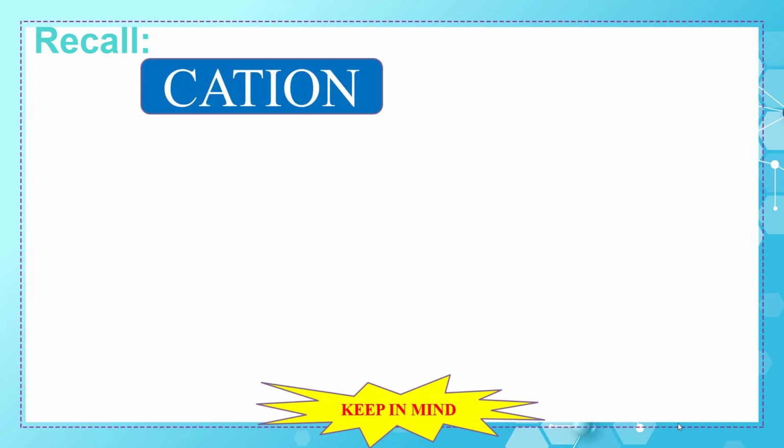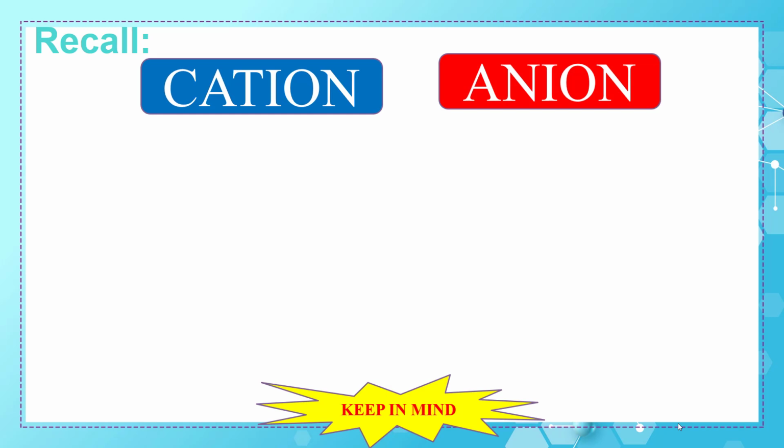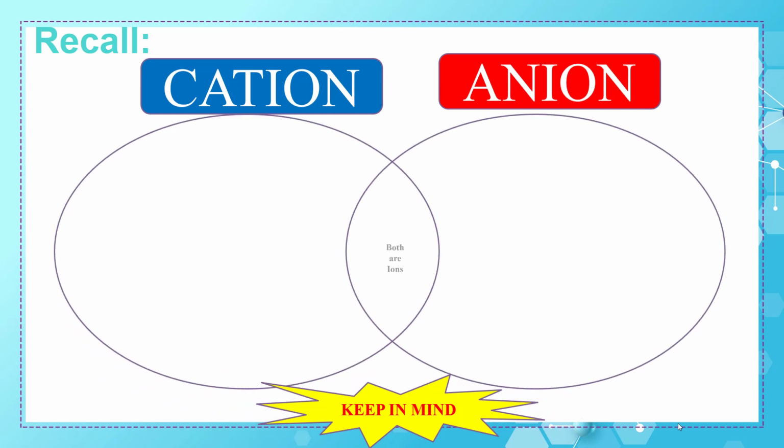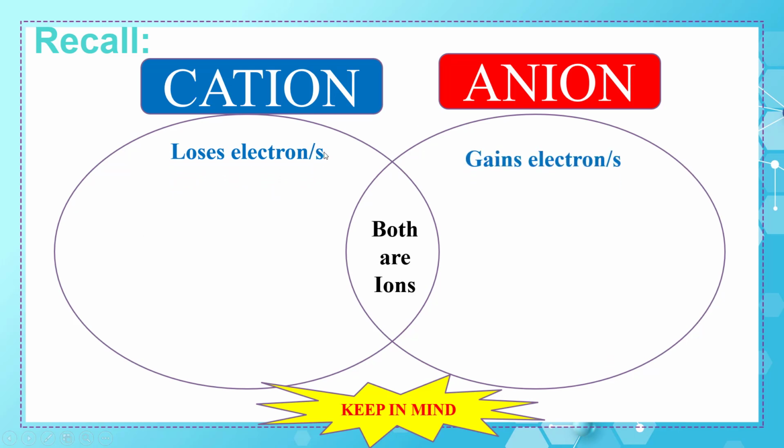As usual, let us warm up our memories by remembering some important information from the previous lessons. Cation and anion, which are the two types of ion. They are both ions. Cation loses an electron or electrons, while anion gains an electron or electrons.